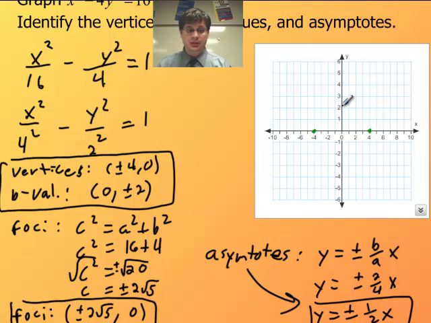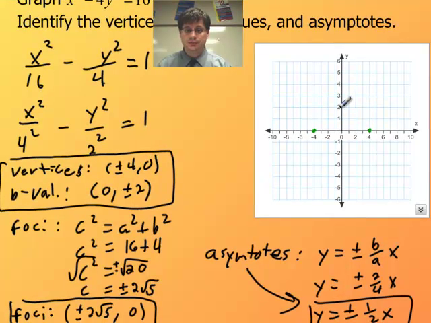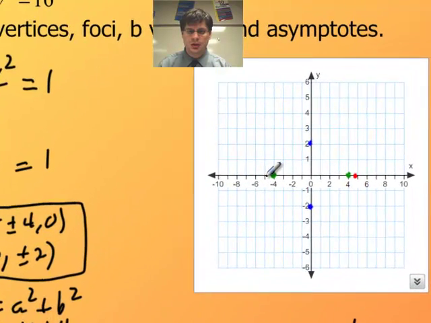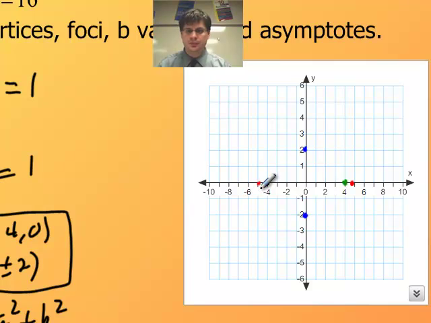And my b values, as I call them, will be at 0, 2 and 0, negative 2. The foci are just going to be shy of 4.5. It's like 4.4 something. So one there and one there.